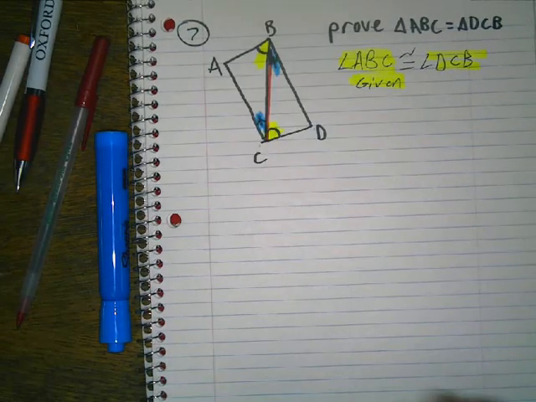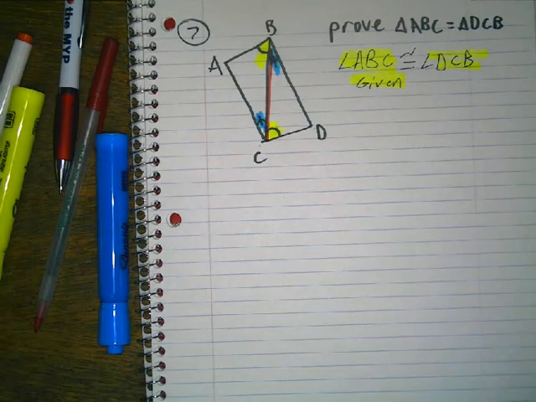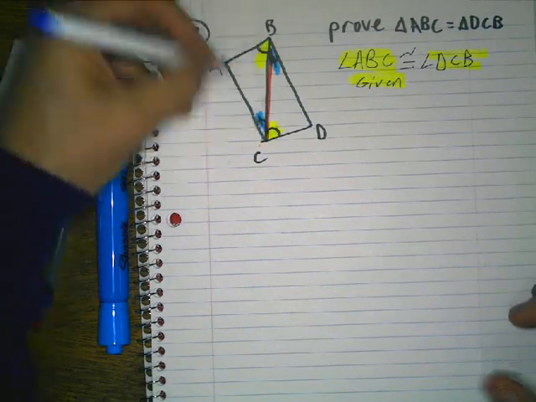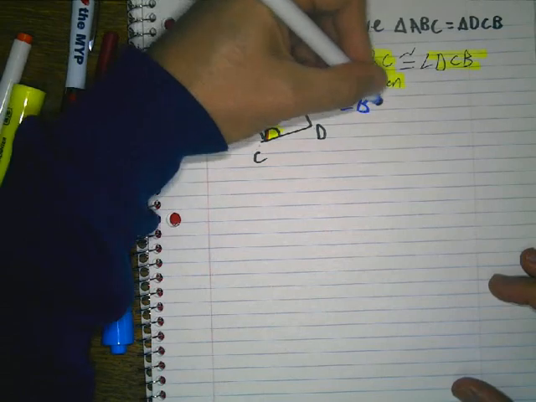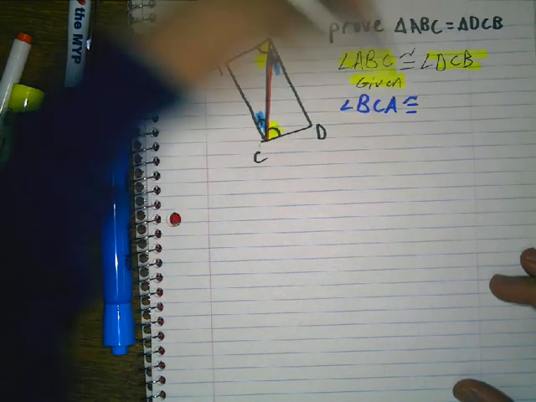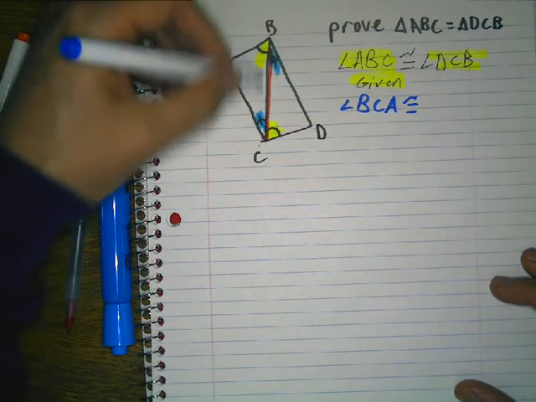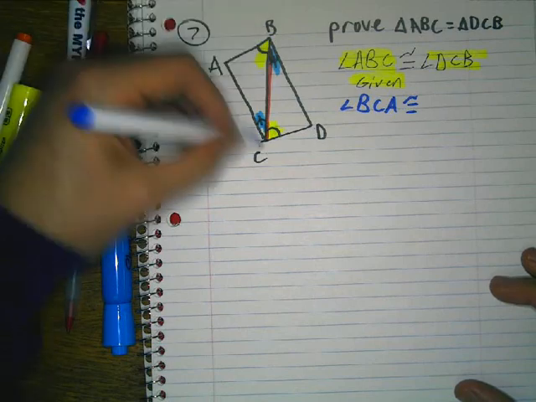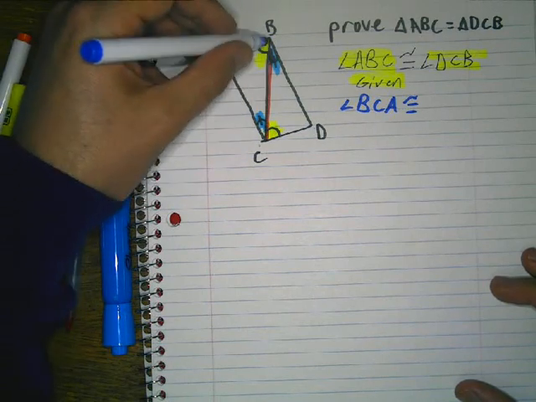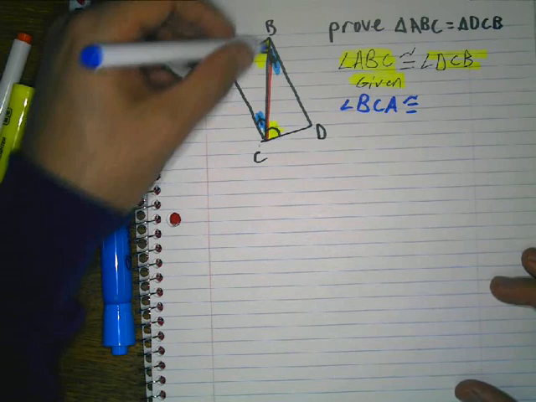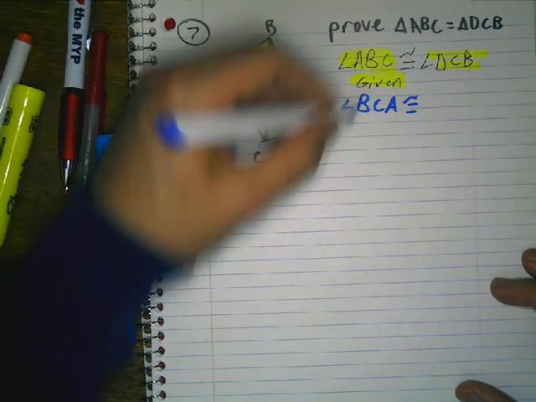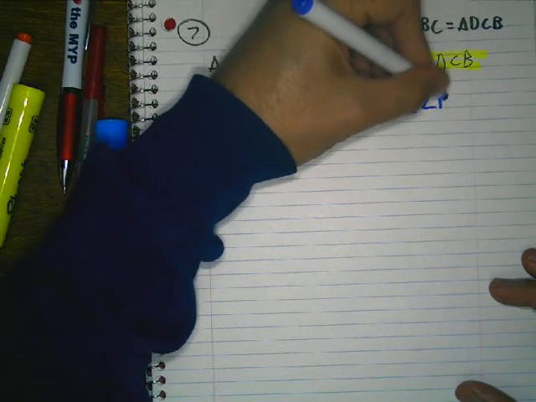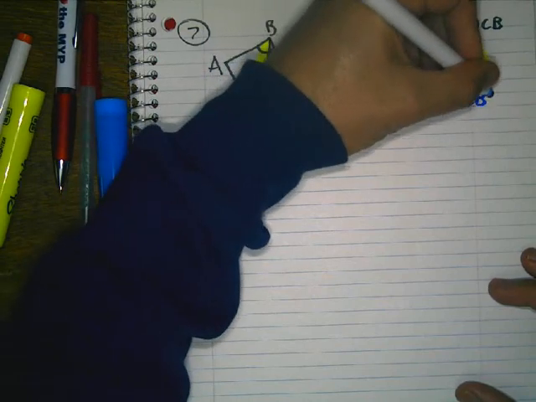Okay. The blue ones. Angle BCA is congruent to angle CBD.